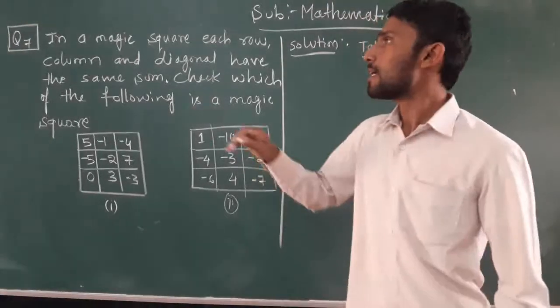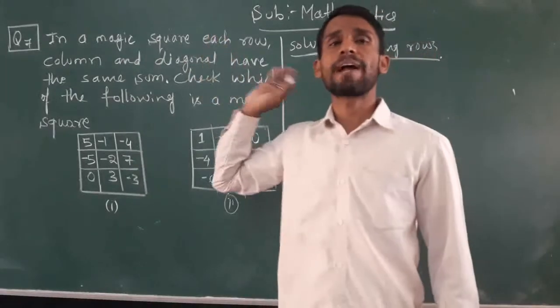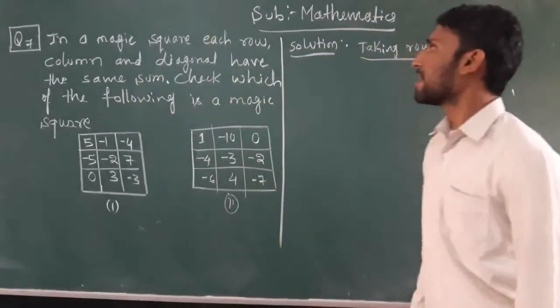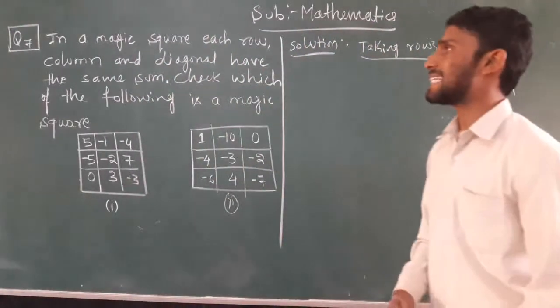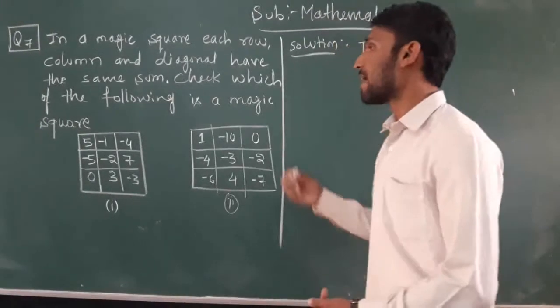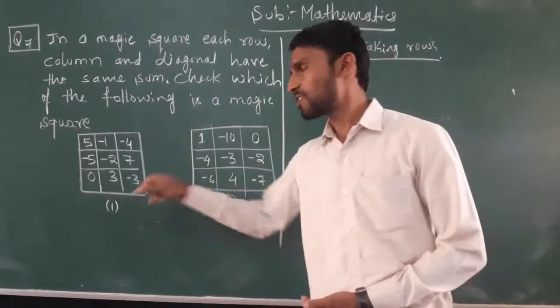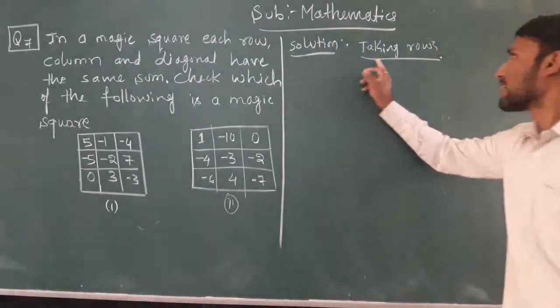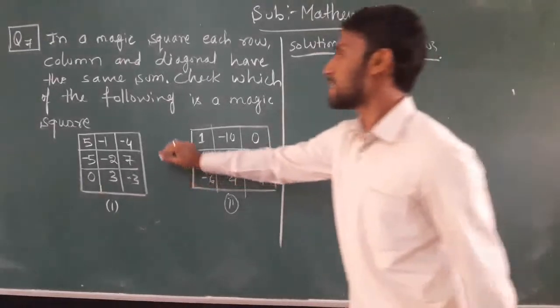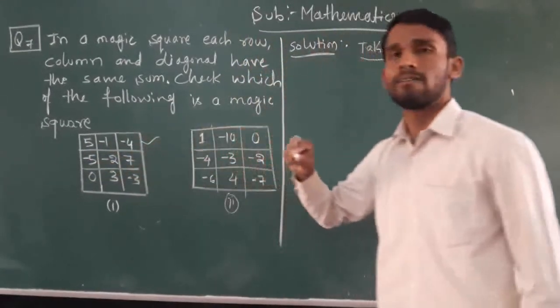Dear students, I am taking here the next problem, question number 7, exercise 1.1. In a magic square, each row, column and diagonals have the same sum. Check which of the following is a magic square. We have two magic squares. I am taking here the first magic square. Solution, taking rows. This one I am taking 5, minus 1, minus 4.